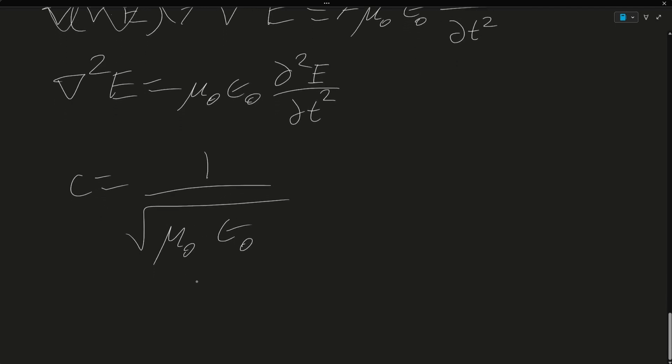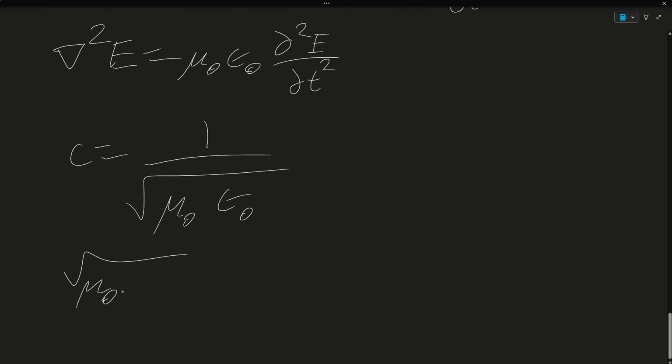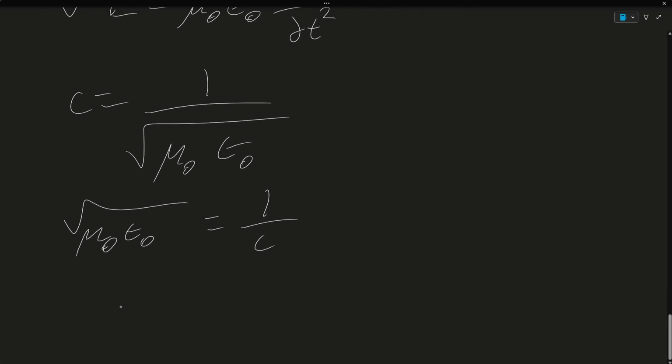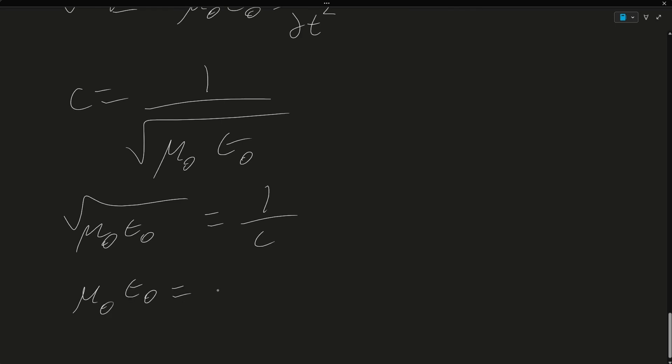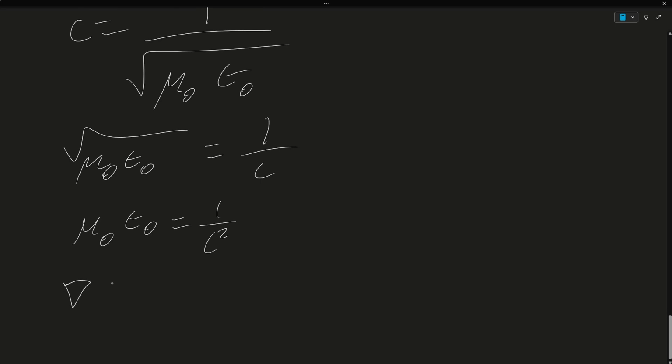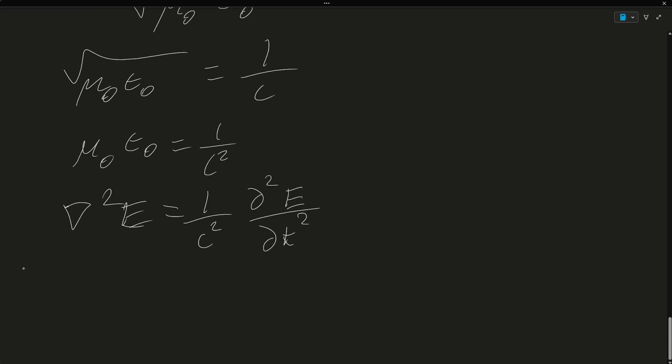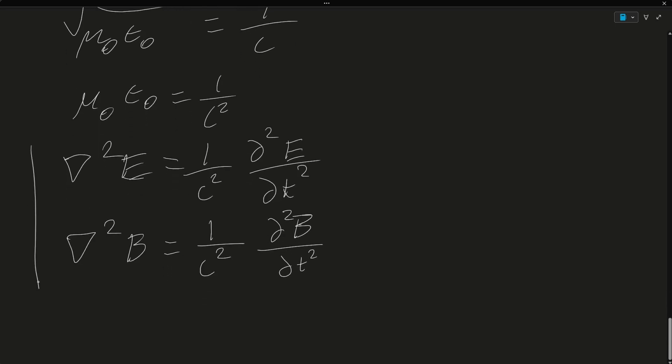Hence, if we swap over, root mu naught epsilon naught is equal to 1 over c, mu naught epsilon naught is equal to 1 over c squared, and hence the Laplacian of E is equal to 1 over c squared times the second derivative, partial squared E partial t squared, and also for B it is 1 over c squared, so it is literally identical for the magnetic field. So this is our wave equation.